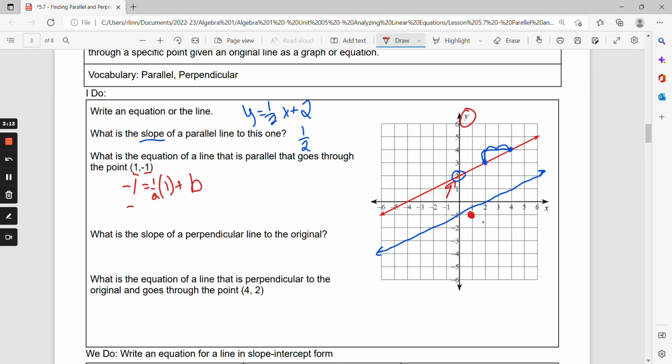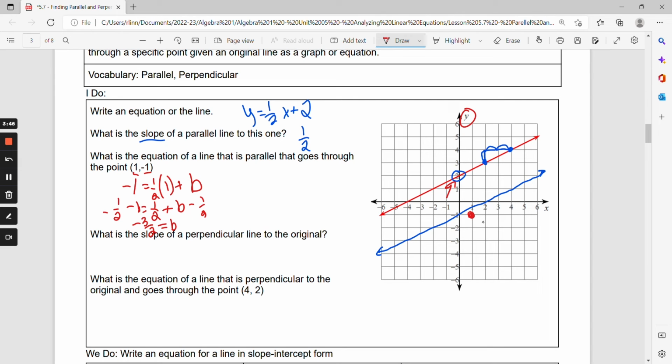So I have -1 is equal to 1/2 times 1, which is just 1/2, plus b. In order to isolate b, I'm going to subtract 1/2 from both sides, which means that b equals -3/2, or -1 and 1/2 is equal to b.